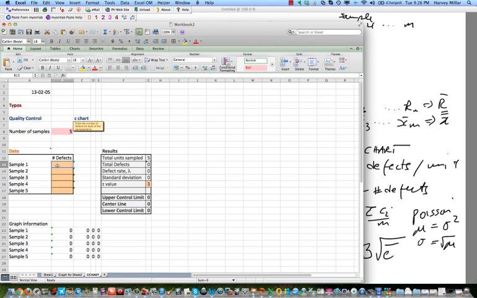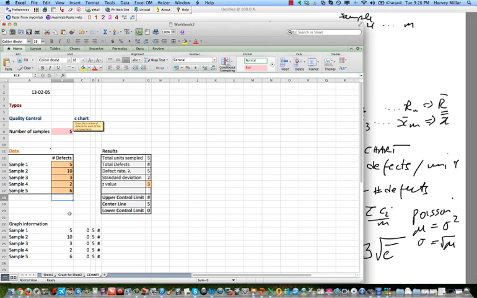And another great use of this is complaints per week, customer complaints. So let's see a complaint as a defect. We could say we have 5 complaints for week 1, 10 complaints for week 2, 3, 2, and 6.